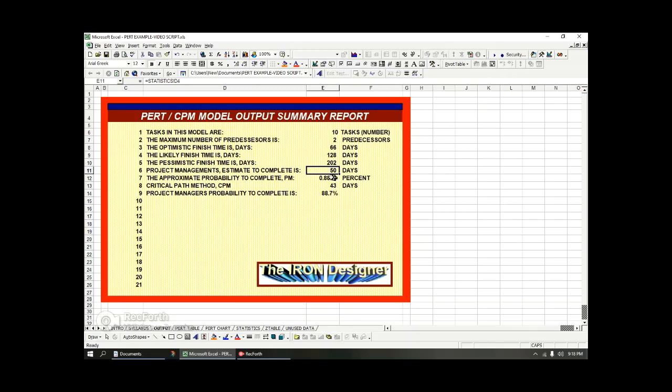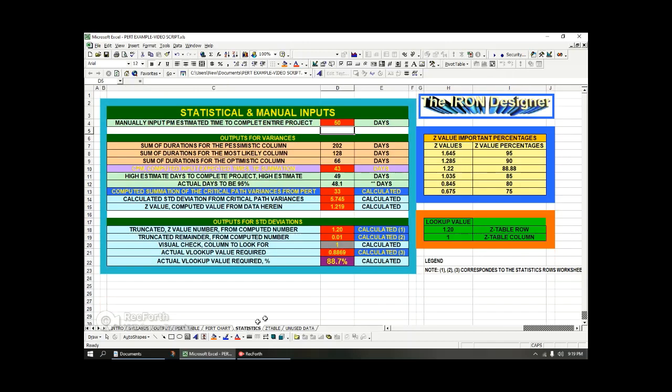Anyways, here are the summations. Here's the estimate from the project manager. Here's the percent probability of completion. Here's the critical path. And then this is, in percentage format, the project manager's probability to complete.